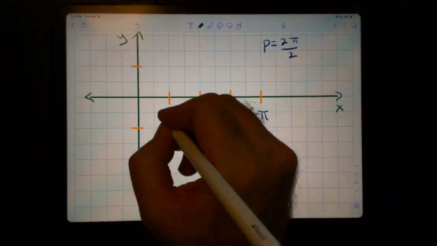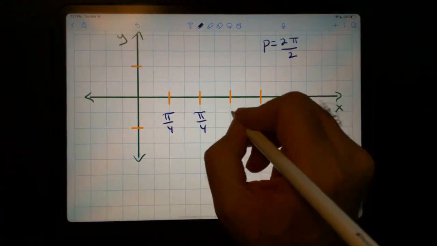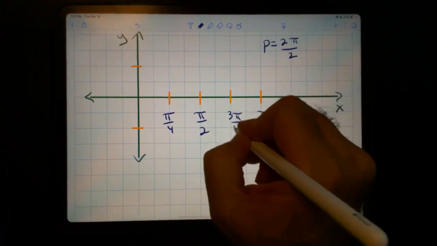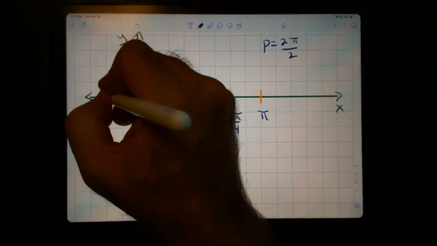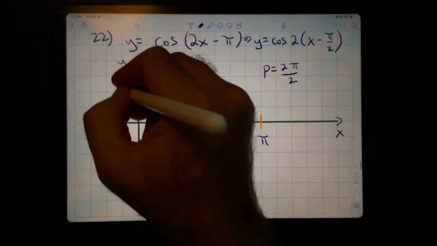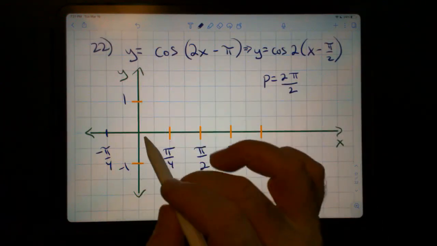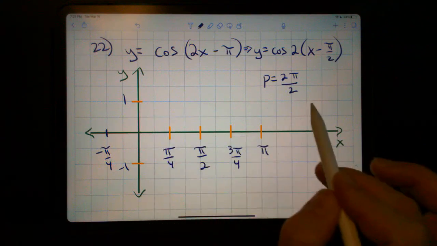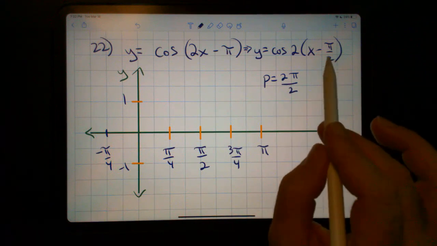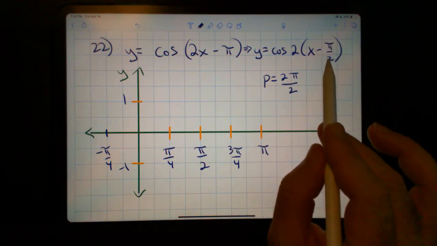Multiply that by 1/4 and we find we have pi over 4, 2 pi over 4, 3 pi over 4, and let's go with a negative pi over 4. Our amplitude is 1, so we're going to go up 1, negative 1. Our lead coefficient is positive, so this will be the regular cosine looking shape. Our phase shift, we're shifting everything to the right, pi over 2 units.